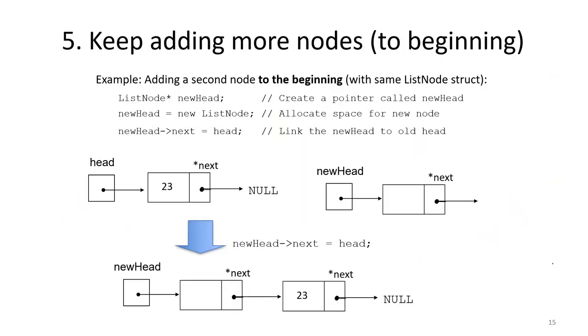Here's an example of how we could add a second node to the beginning of our linked list. So all we would need to do is first create our new node that we want to add. So what we did here is we created a completely separate pointer named newHead.